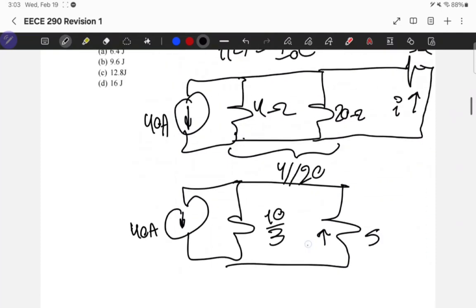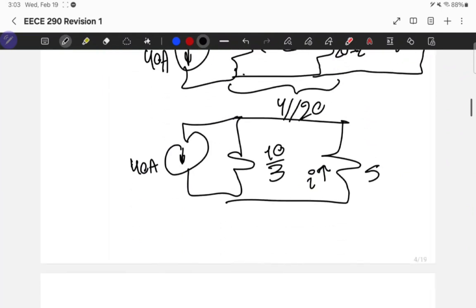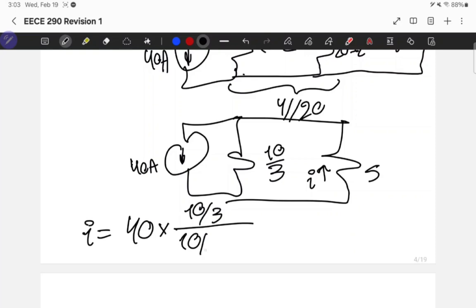And I need the current going like this. So by current divider, I know that this is going to be equal to 40 times the other resistor divided by 10 over 3 plus the resistor that I want. So if we do this calculation, this is 40 times 10 divided by 3 plus 5. This is going to be equal to 16 ampere.